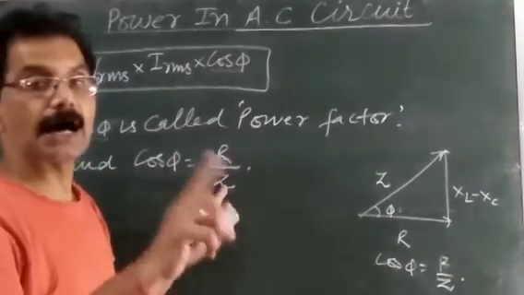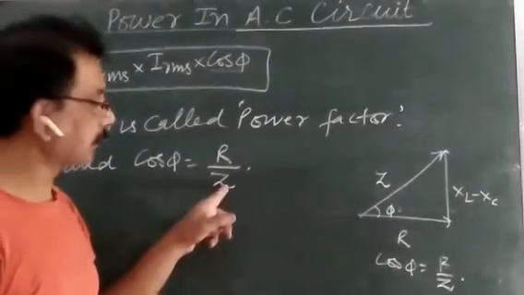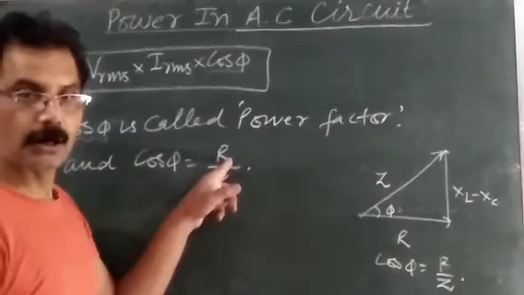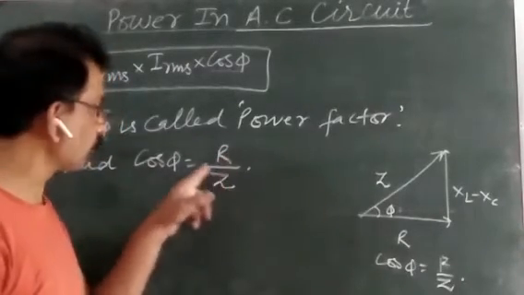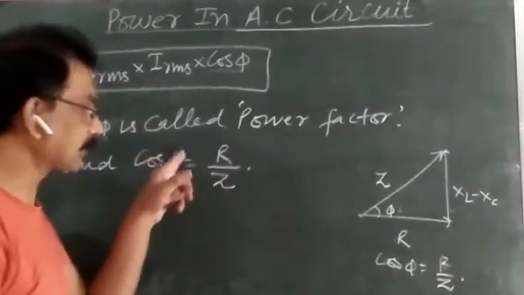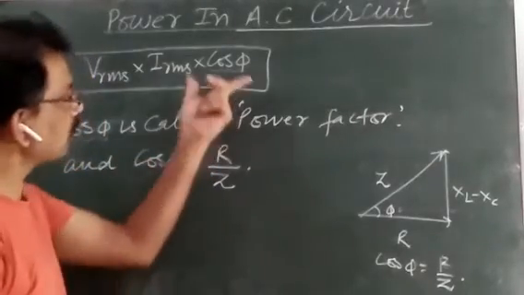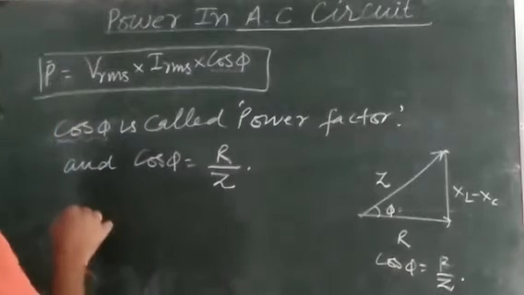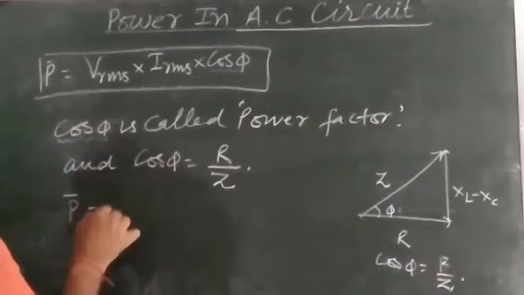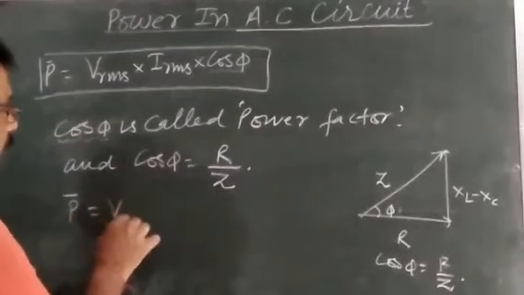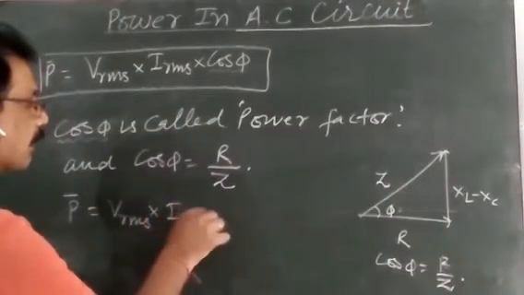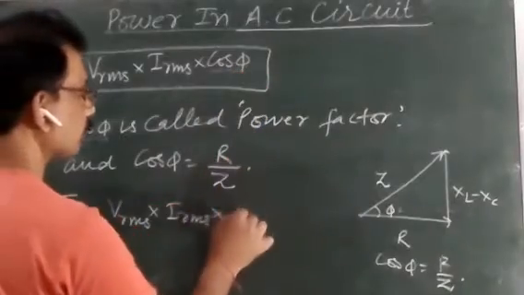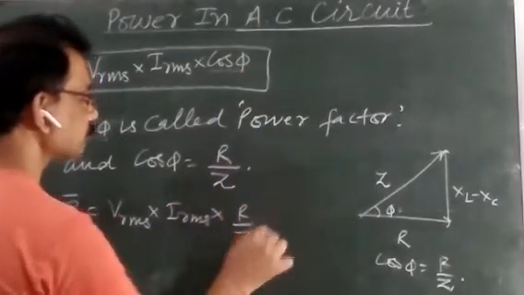For example, if we take an LR circuit, we write the resistance and the impedance of the LR circuit here. That ratio is called what here? Power factor, which is equal to cos phi. So this expression can also be written as average power P is equal to VRMS into IRMS into cos phi is equal to R by Z.